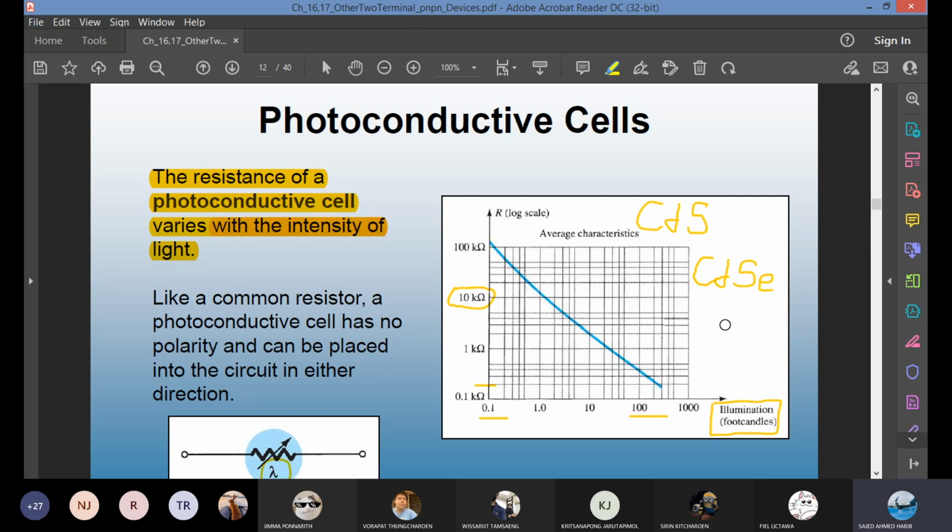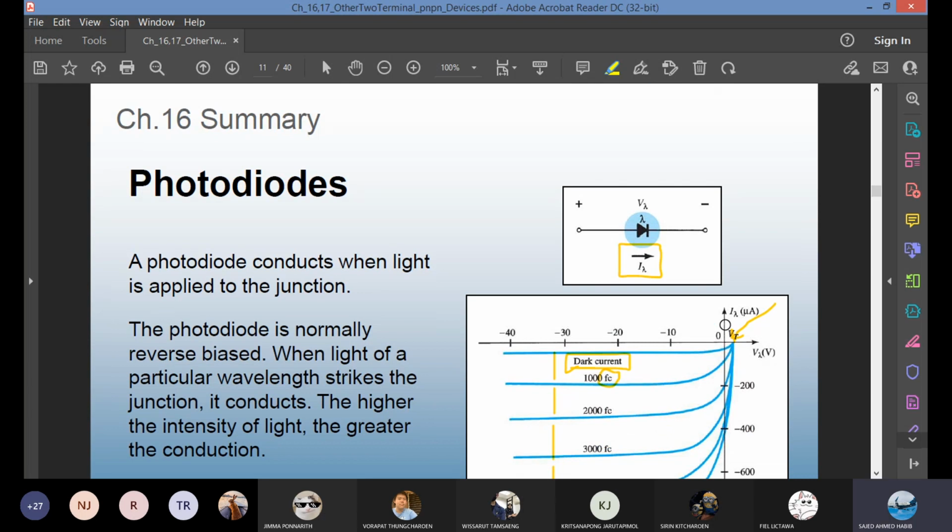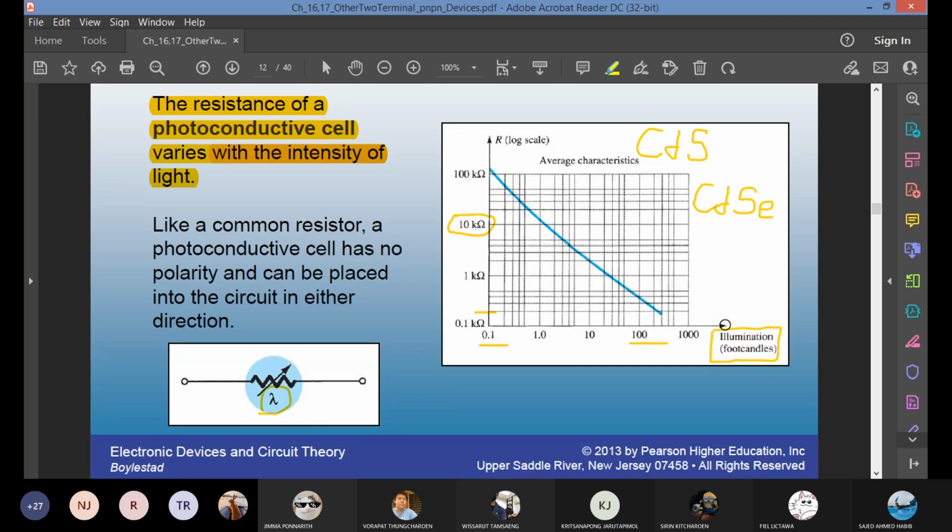Do you know there is another interesting point? The photoconductive cell, or the photoresistive device, does not have a junction like a PN junction in a photodiode. Do not confuse the photodiode with the photoresistor. The photodiode is here. It is a diode. It has a junction. This one, the resistor, does not have a junction. So what does it have?